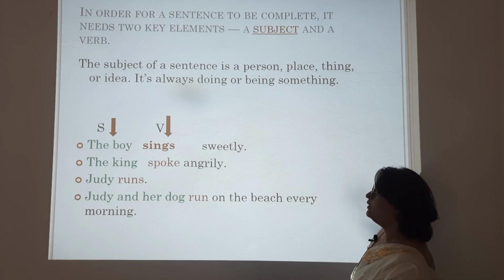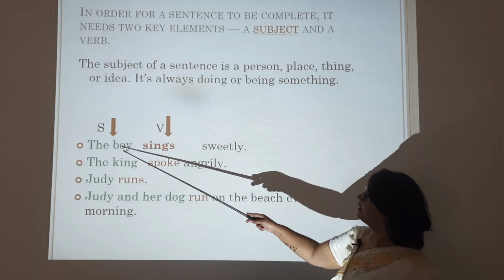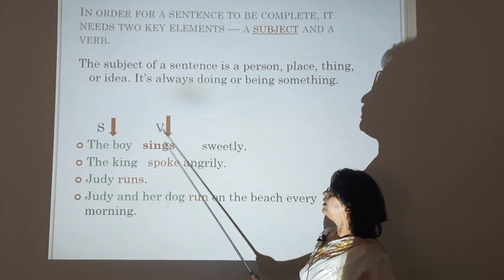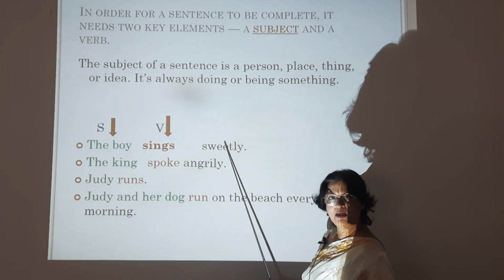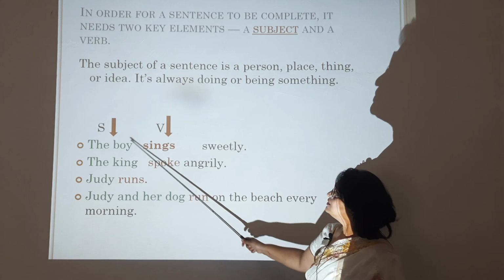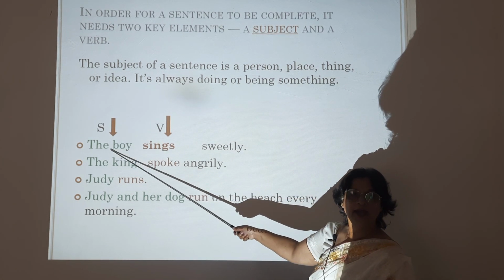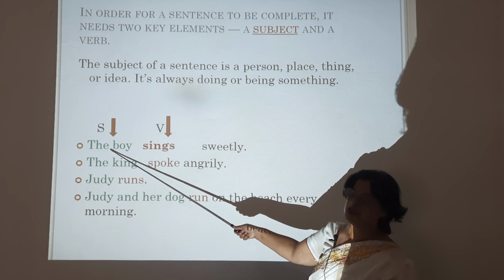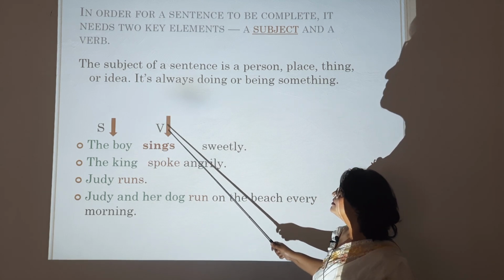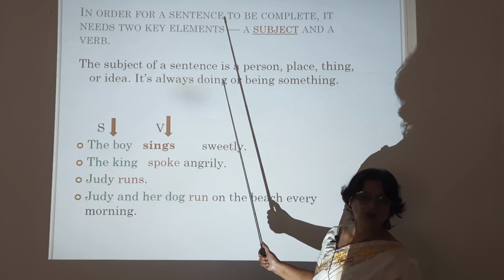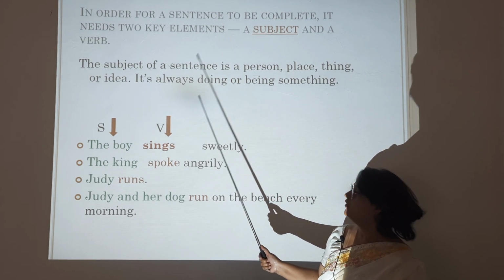Now, how do we go ahead and identify what is a subject? Look at this sentence: the boy sings sweetly. Because I have colored these words and let you know that this is a subject and this is a verb. Otherwise, how would you know what is a subject and what is a verb?